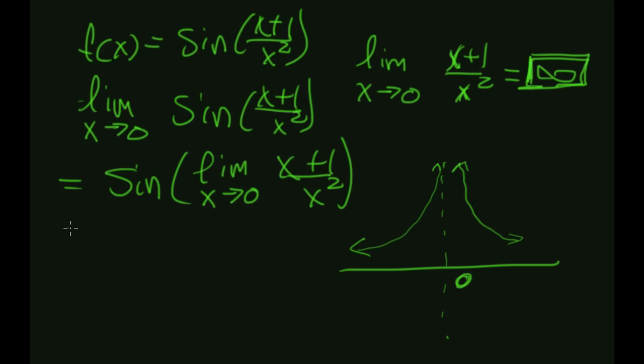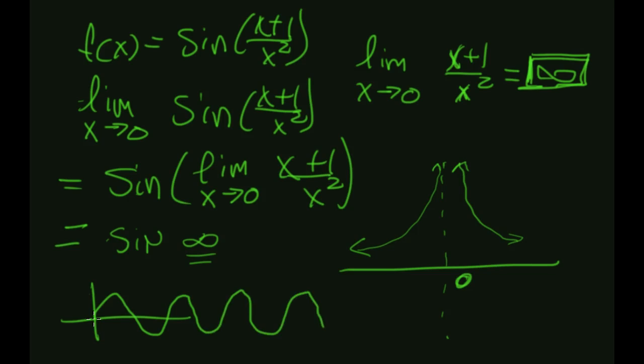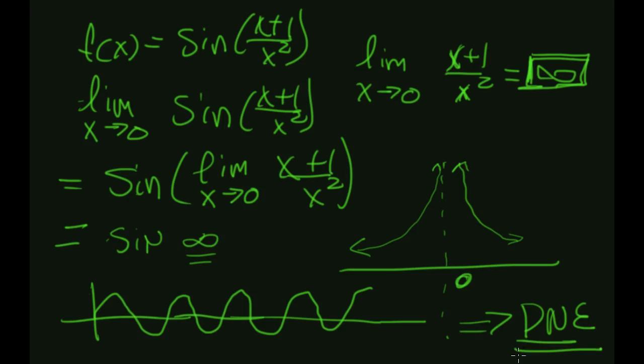So this means that I have the sine of infinity. Well, kind of. If I think about the sine function as it goes out to infinity, this thing oscillates, right? Oscillation means that the limit itself does not exist.